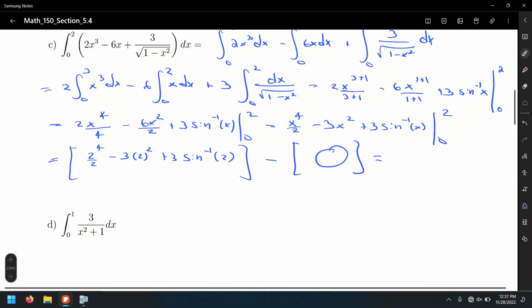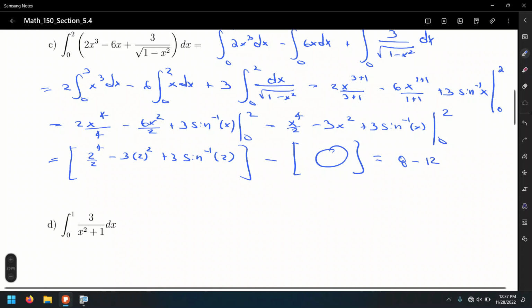All right, and then let's simplify what we have here. So that's 2 to the 4th power, that's a 16. 16 over 2, that's 8. 2 squared, which is 4, times 3, that's 12, negative 12. And sine inverse of 2. In other words, they're asking us for the angle whose sine equals 2.